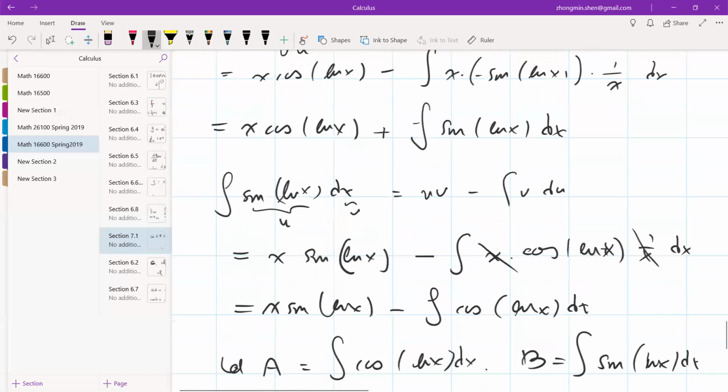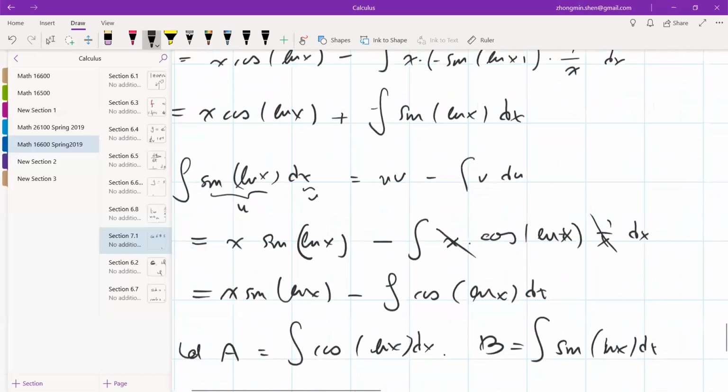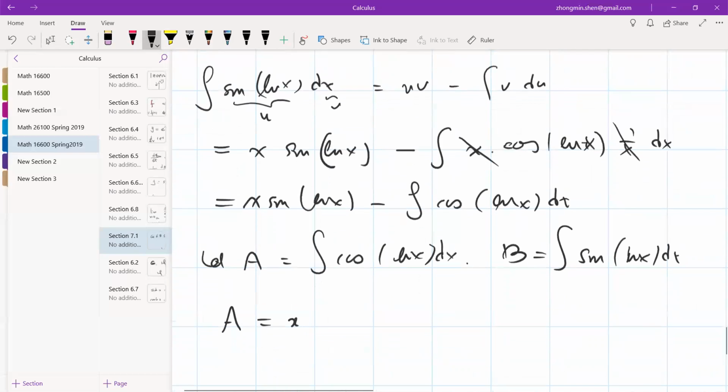What do you get? The above formula: a equals x cosine natural log x plus b. Yeah, plus b.